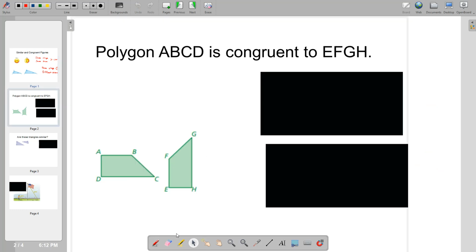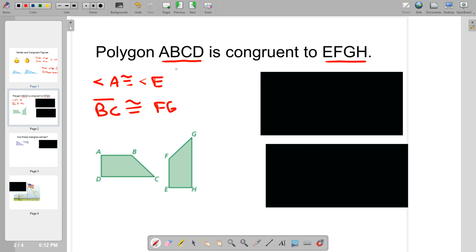So in this case, we have decided that polygon ABCD is congruent to polygon EFGH, which in this case, we should know then that angle A must be congruent, which is an equal sign with a little Superman cape over the top of it, to angle E. Also, that would mean that if we're looking at side BC, because it is this diagonal side here, it must be congruent to side FG.